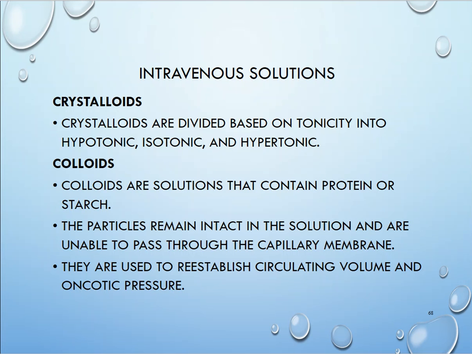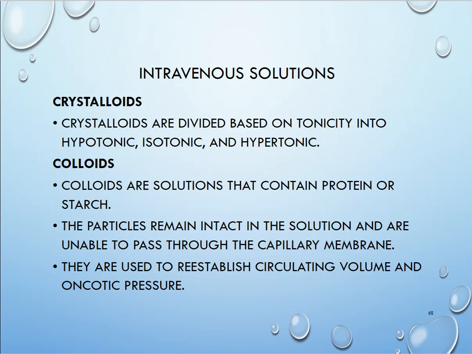So the tonicity of blood plasma is approximately 290 milliosmoles per liter. And IV solutions with a tonicity significantly less than 290 are considered hypotonic. So hypotonic fluids lower the osmolarity of the blood plasma and cause the fluid to shift into the cells.